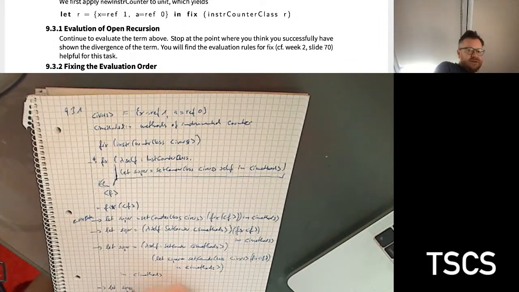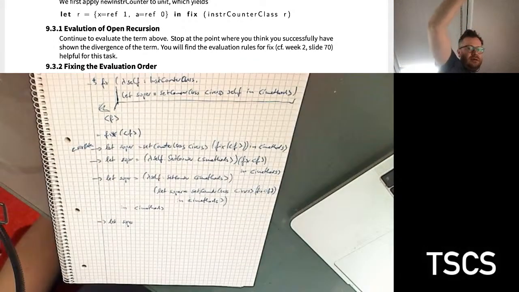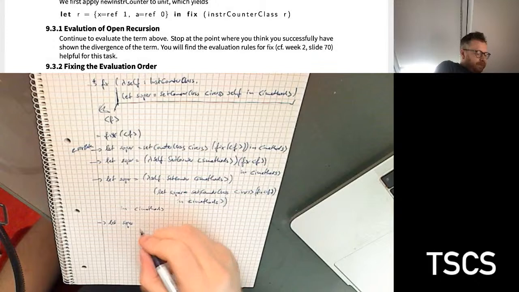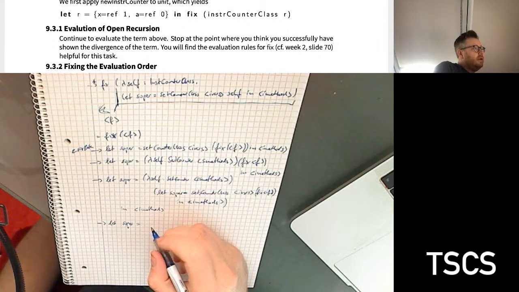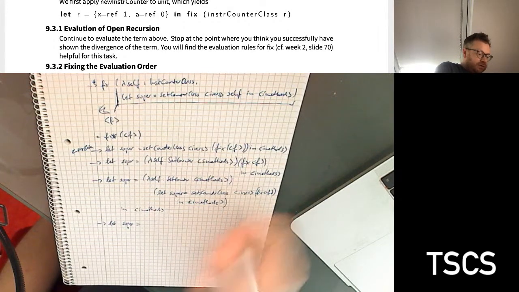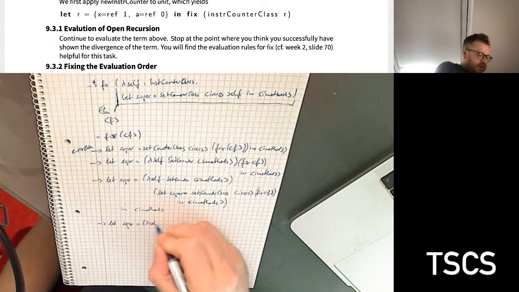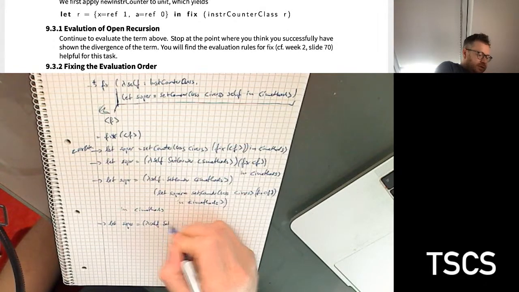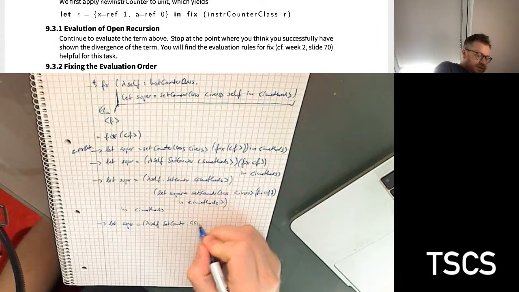It's a lot to write, and I have to scroll again. There we go. Let super be, and then we evaluate this part here. So the outer part stays the same. So lambda self set counter s methods.